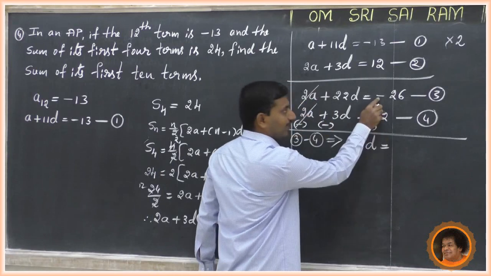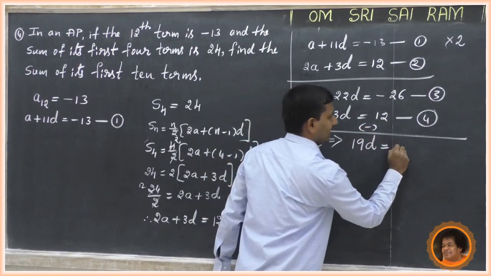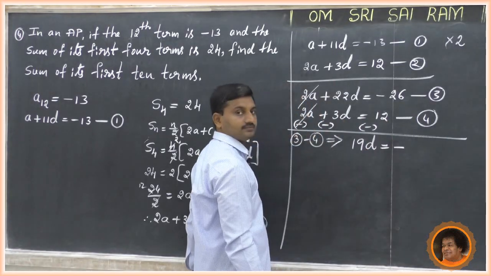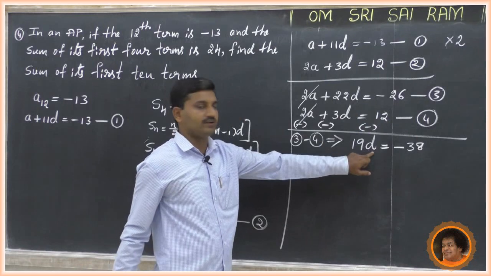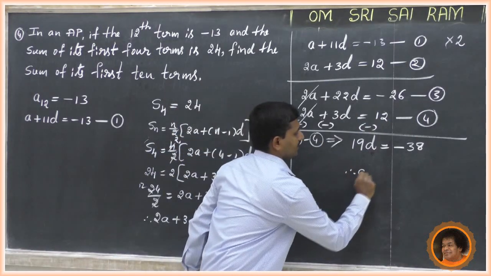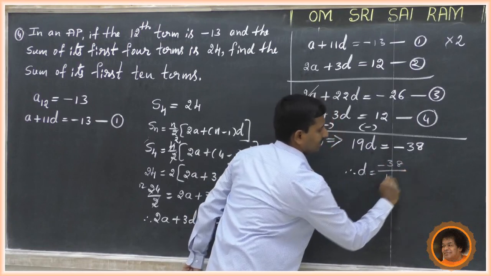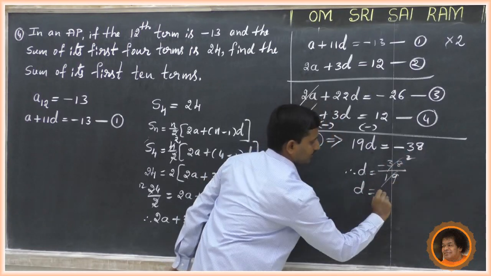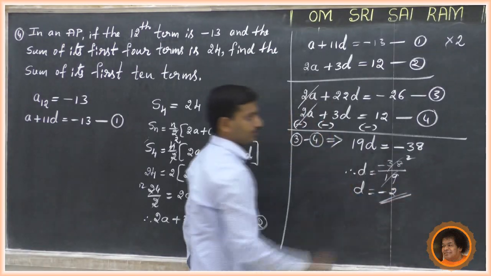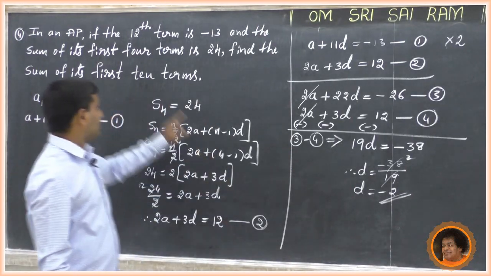Equal to, so here minus 26 minus 12, so answer is minus 38. So what is the value of d? So therefore d is equal to minus 38 divided by 19. So d is equal to 19 ones are 19, 19 twos are 38, so answer is minus 2.